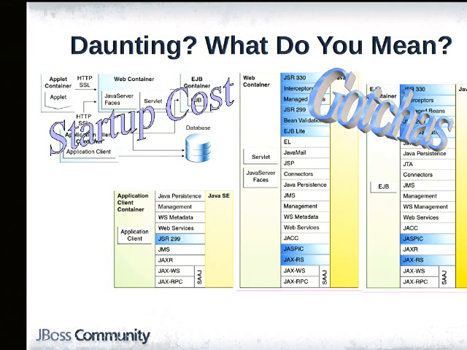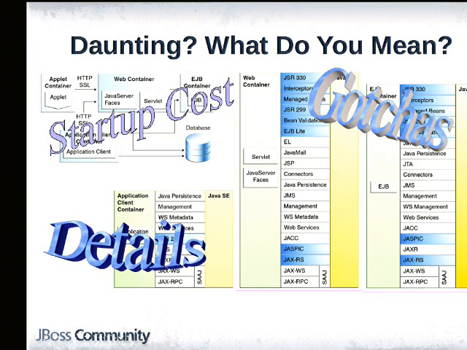Also, there's a lot of gotchas. You need to know what initial values are, configuration, all that kind of stuff. Details that you need to know. And most of all, integrating all these different pieces together. So this is only an example of Java EE, but it also applies to other frameworks or other pieces of software.